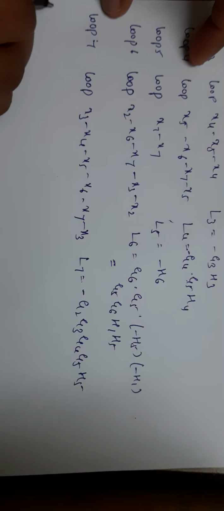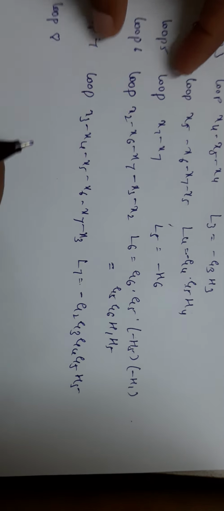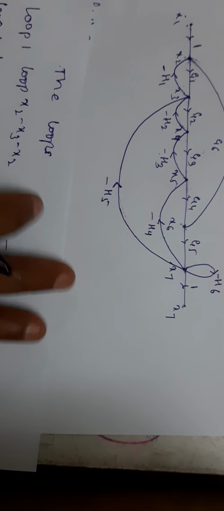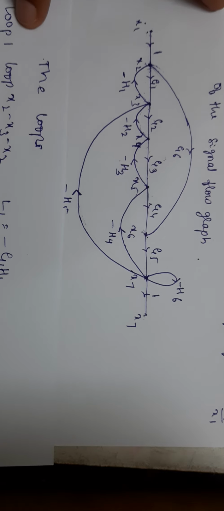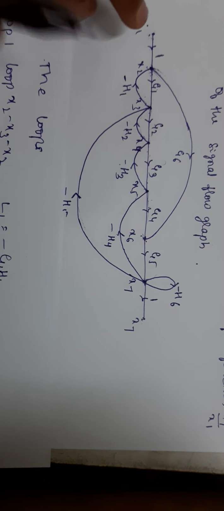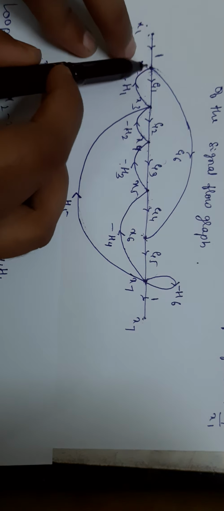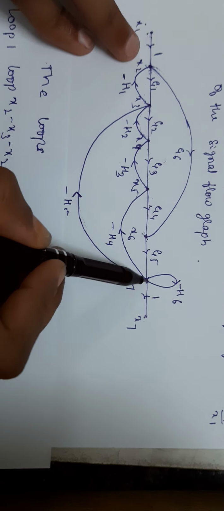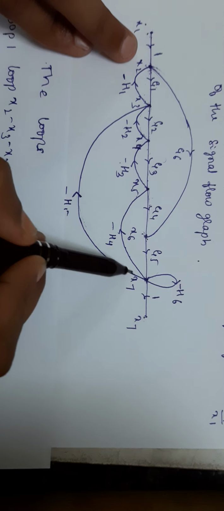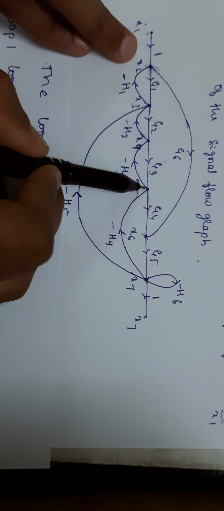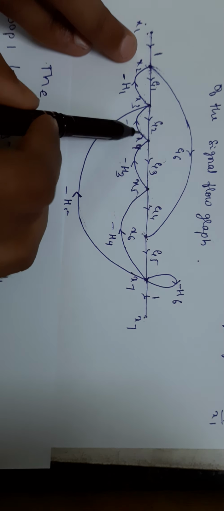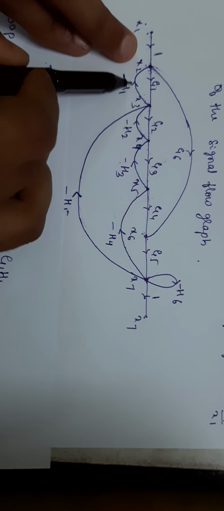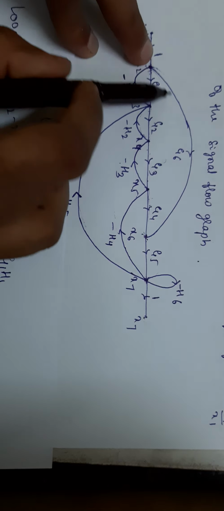Okay, next loop number 8. The next loop will be, see carefully: x2 to x6, x6 to x7, x7 to x5, x5 to x4, x4 to x3, x3 to x2. Okay, like this.